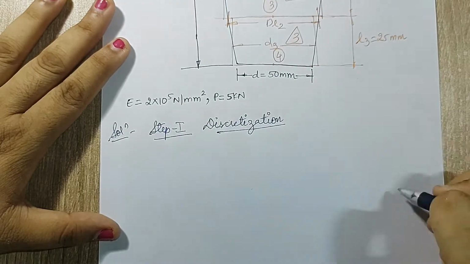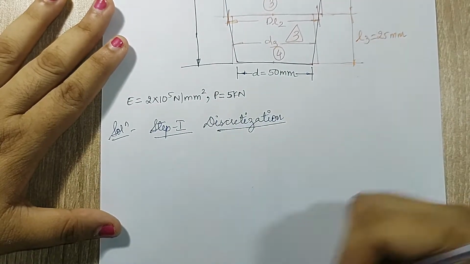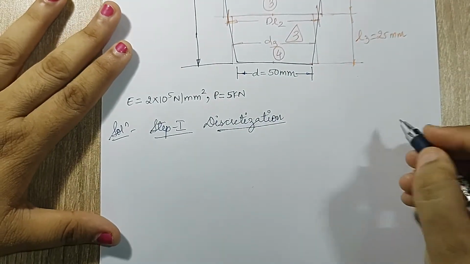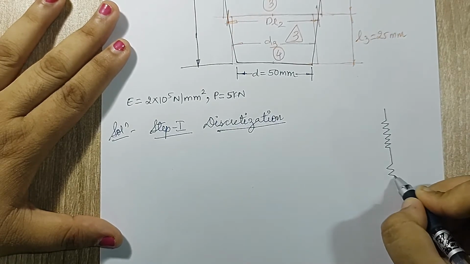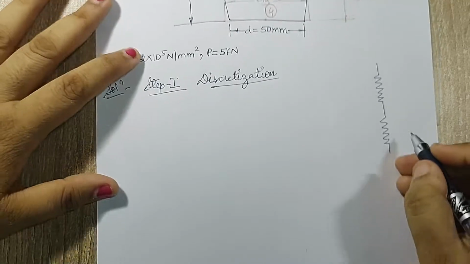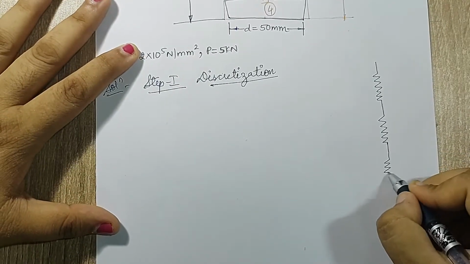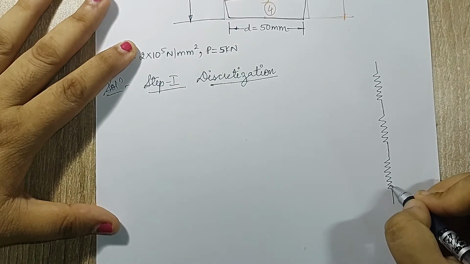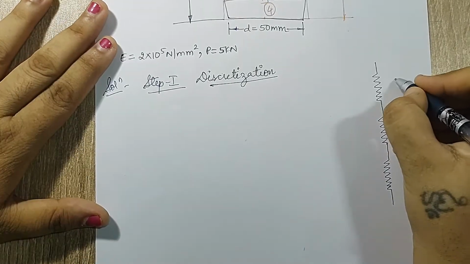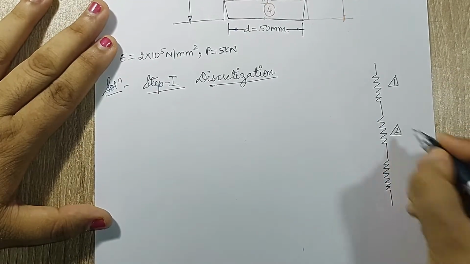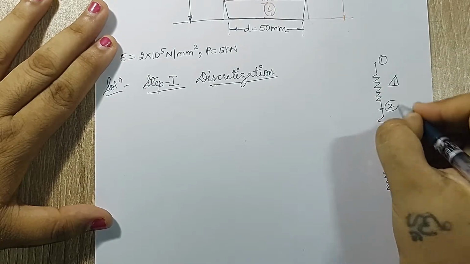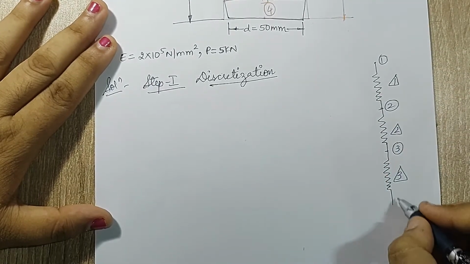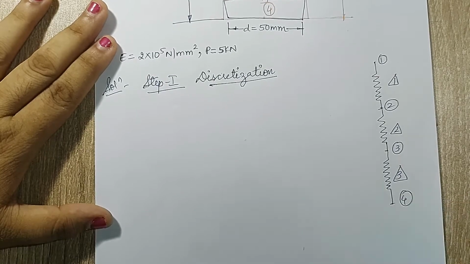I'll draw the diagram to the left so I can use this space for calculation of the diameters that are required because it is vertical. So this is my first element, second element and third element. It is between node 1, 2, 2, 3 and 3, 4.